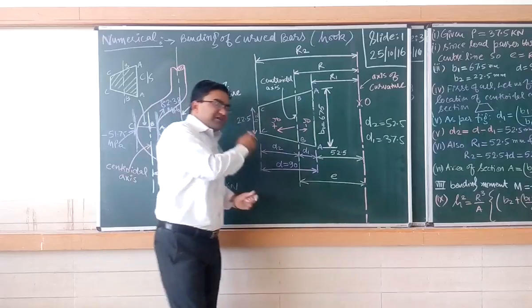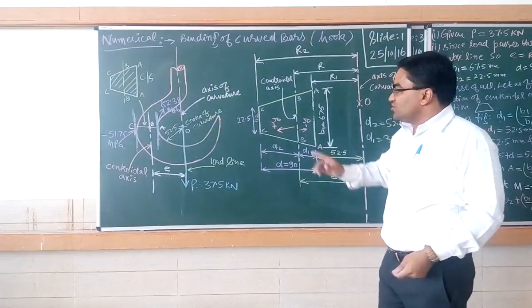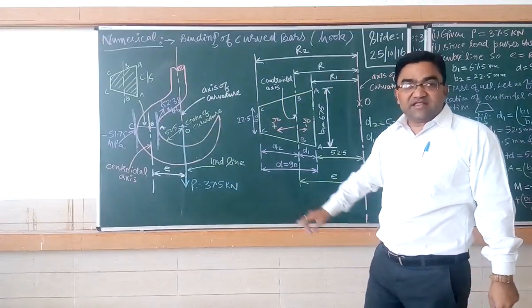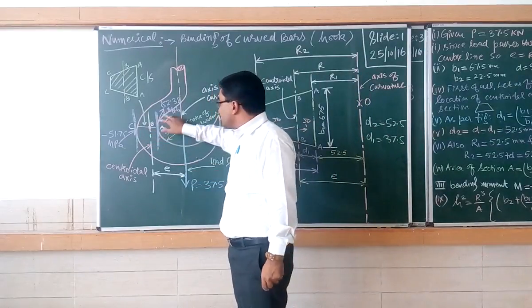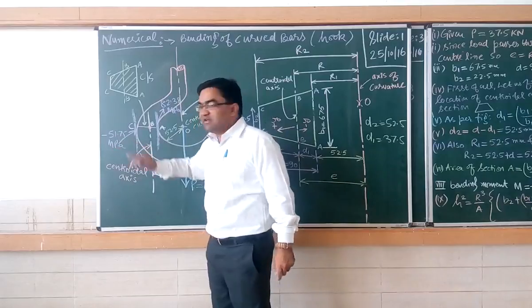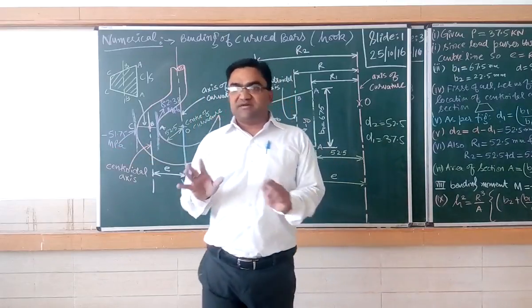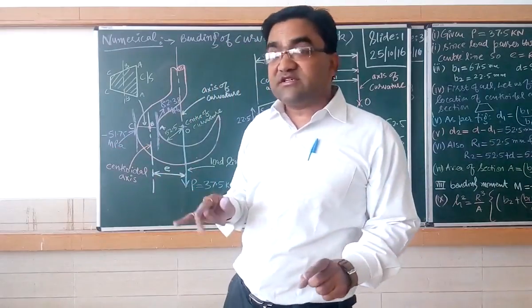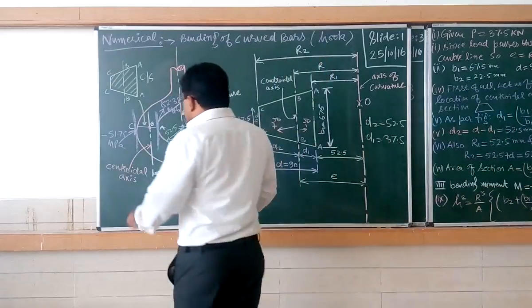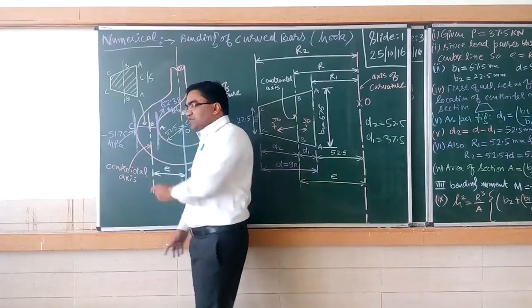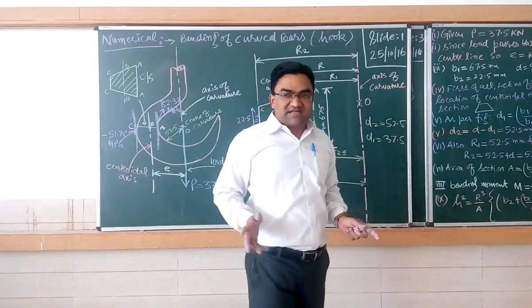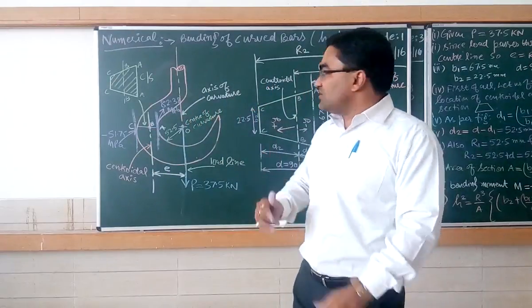One more thing I have to tell you. You can observe from the figure that the innermost fibers are more stressed. This value is 82 and this value is 51. Negative and positive signs are simply the type of stress. See the magnitude only. This is 82 and this is 51. Means your innermost fiber is getting more stressed than your outermost fiber.